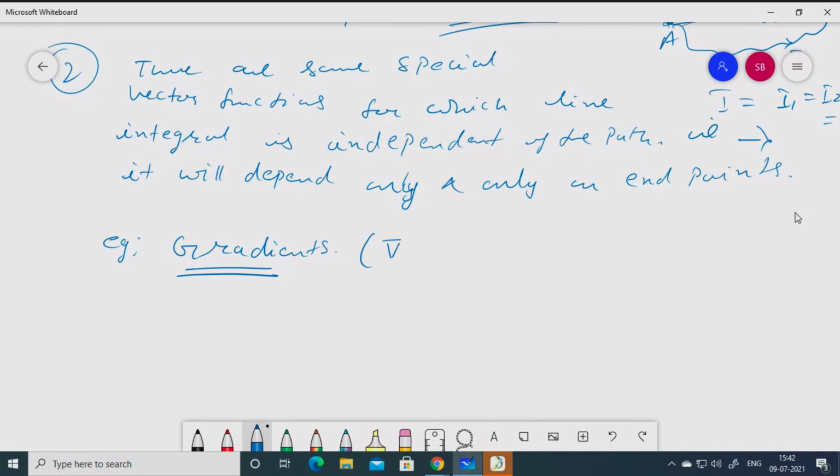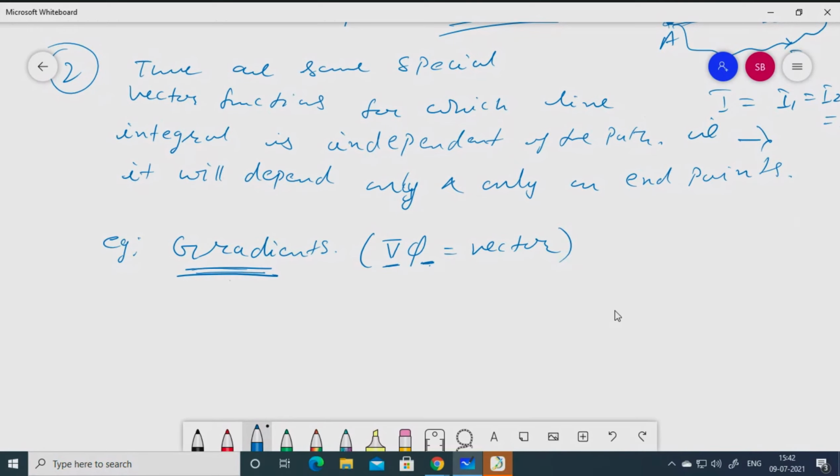Gradient means del phi. Phi is a scalar, but when applying the operator del on phi, the result is a vector only. Is it or not? Yes, ma'am. So gradient is a vector point function, and in point 2 I have said that there are some special vector functions for which the line integral is path independent. So gradient is one such example.